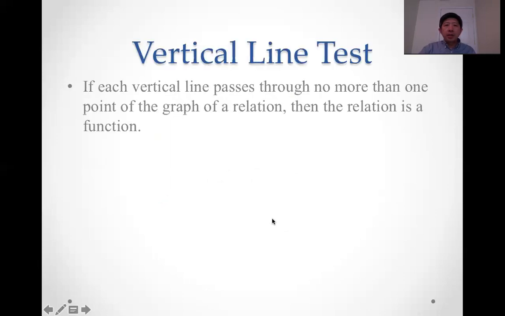All right, now next we have the vertical line test to determine whether a relation is a function or not. If each vertical line passes through no more than one point of the graph of a relation, then the relation is a function.